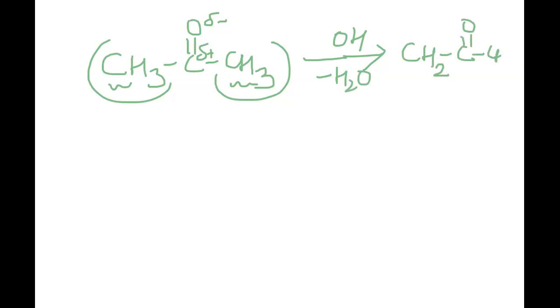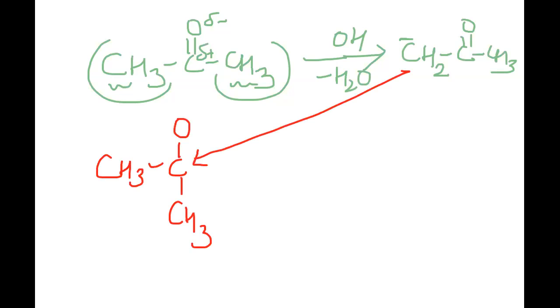This is then going to attack the other substrate molecule of a ketone, whereby you will get a compound which I can write like this. You have a CH3, a C, O, and the CH3 here. And since this is going to attack this carbon, the delta positive carbon, and this becomes negative because the electrons move to this oxygen.